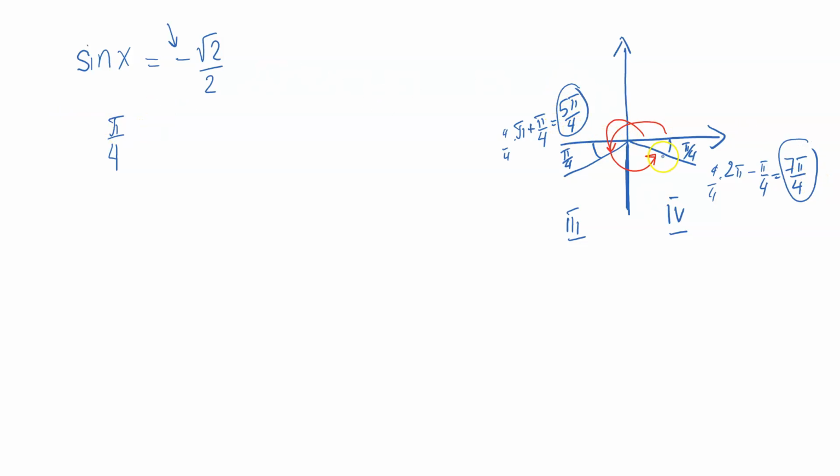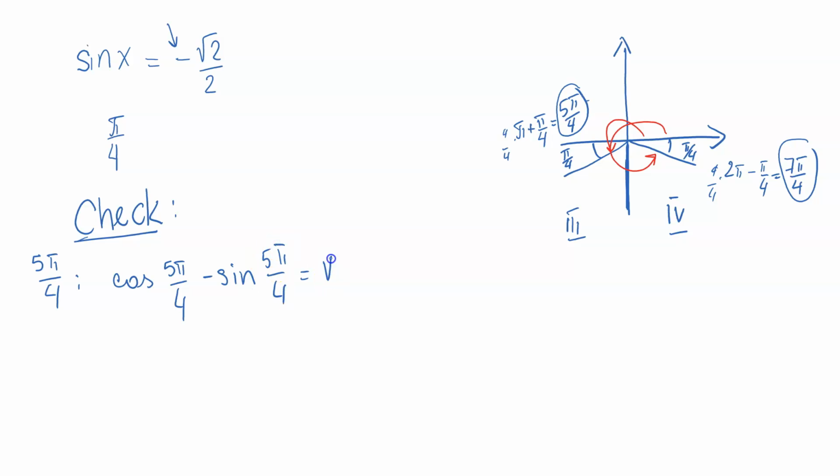But remember, we squared both sides. So now we need to check both solutions to make sure that they both work. Let's substitute it in the original equation. First, I'm going to check 5 pi over 4. Cosine of 5 pi over 4 minus sine of 5 pi over 4 should equal radical 2.